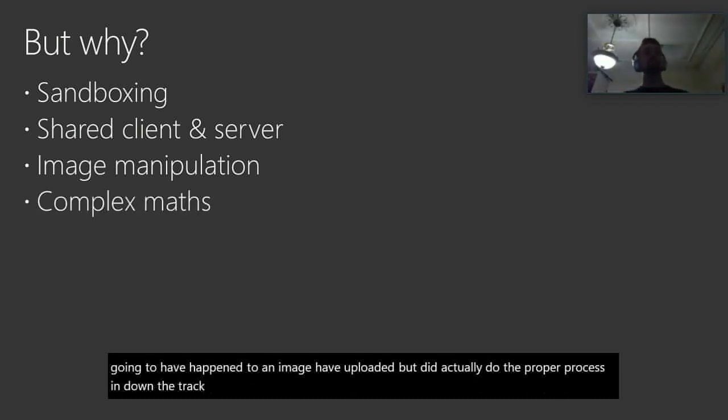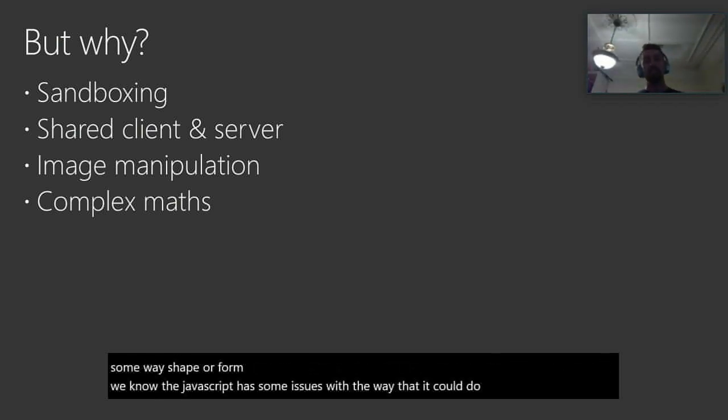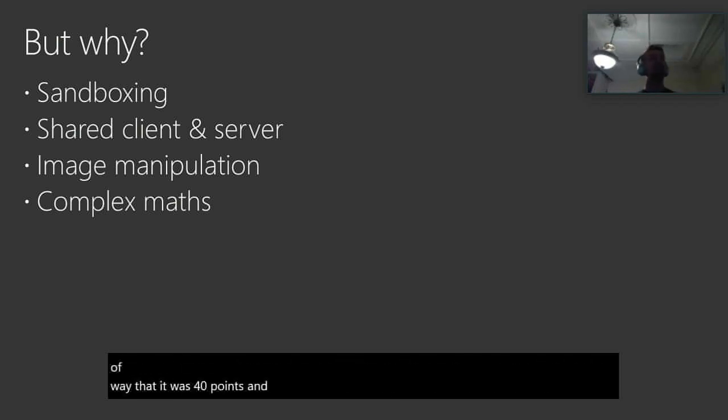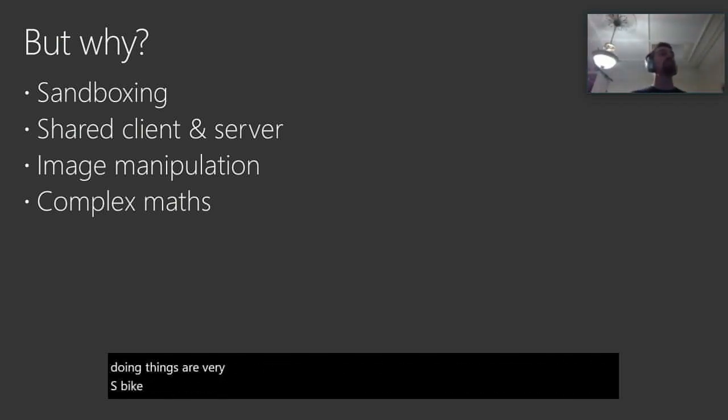Or maybe we want to do some complex mathematical operations, work with numbers in some way, shape, or form. We know that JavaScript has some issues with the way that it can deal with numbers based off of the way that it implements floating points. And this can mean that we can have some odd edge cases, particularly if we're doing things that are very precision sensitive, or we're doing things that require a lot of complex computations around mathematics.